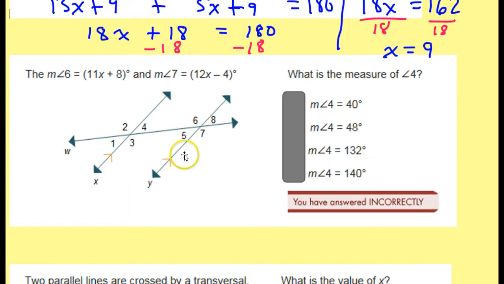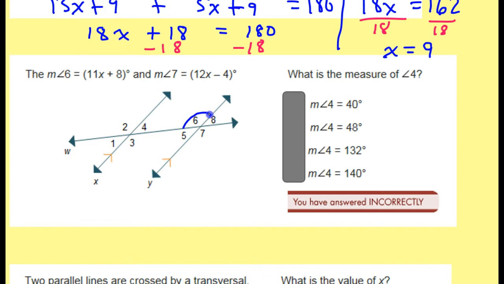Okay. Parallel lines cut by a transversal. The measure of angle 6 is this. The measure of angle 7 is that. What's the measure of angle 4? Let's see. The measure of angle 6 is obtuse. Okay, what about angle 7? Angle 7 is also obtuse.